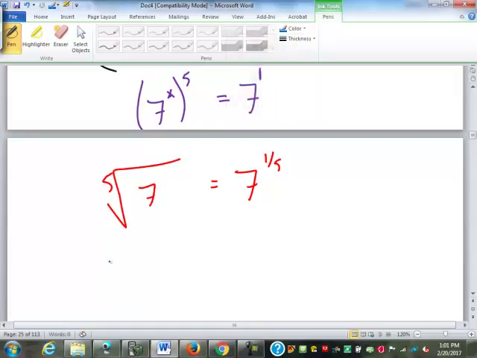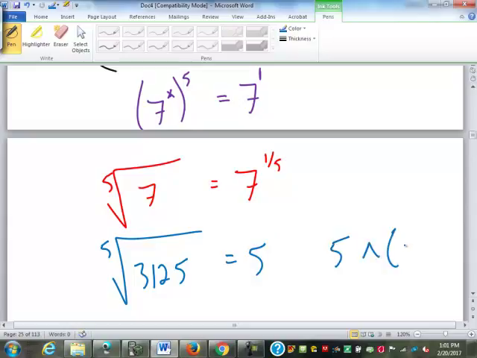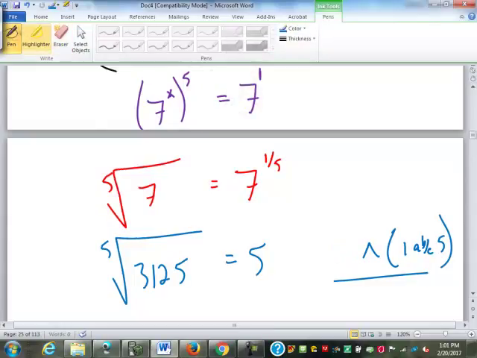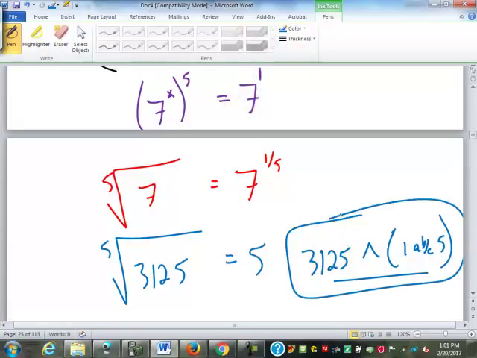You guys just did the 5th root of 3,125 and found it to be 5. So I want you to try this. Type in 3,125 to the power of 1/5. What does it give you? 5?